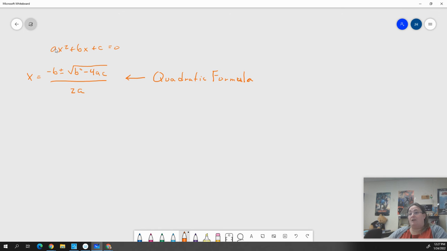Because really, the quadratic formula is just the end result of completing the square. If we plug in all the numbers, all we have to do is simplify. It takes us to the solution, it gives us our x equals. We just have to plug in the numbers and then simplify it.